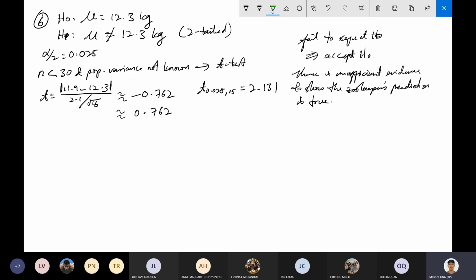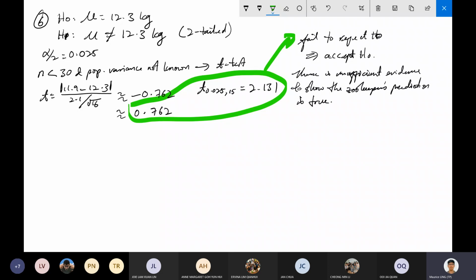The one we are very frustrated about is when you have the statistic and the critical value, and you give the wrong decision. That means you say that you reject the null hypothesis here.